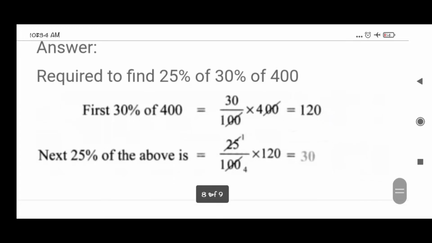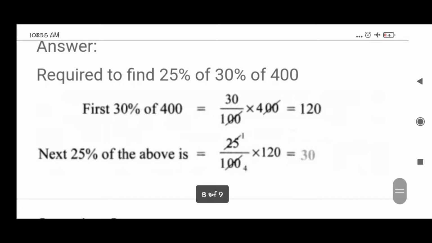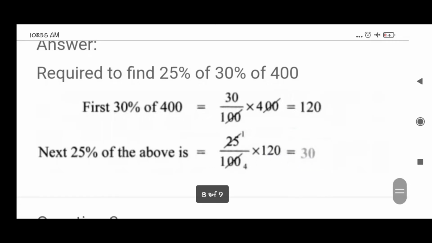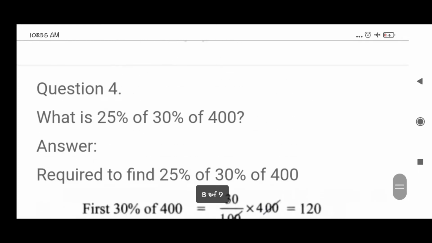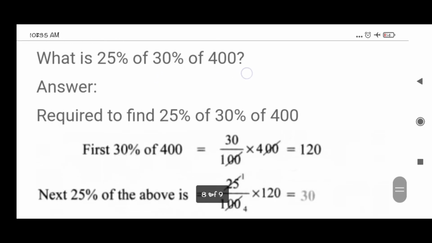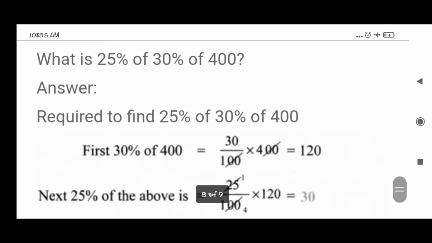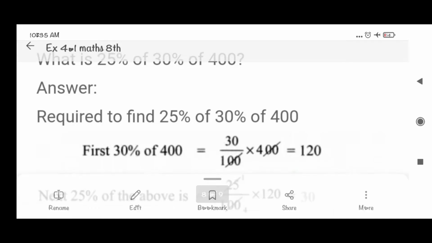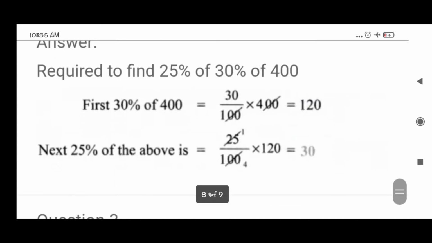Now next, 25% of the above is 25 divided by 100 into 120. When we cancel this, we will get 30. Understand? Read the question: what is 25% of 30% of 400? So 30% of 400, the answer should be calculated with 25%. So we will get 30. Understand?